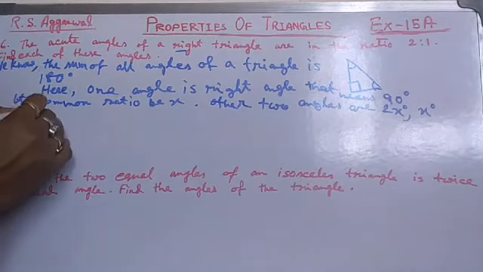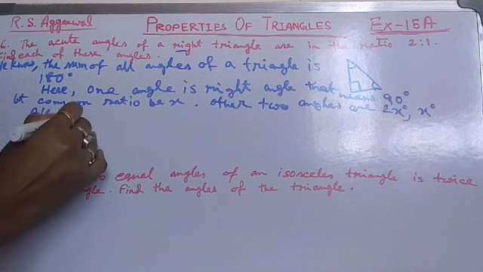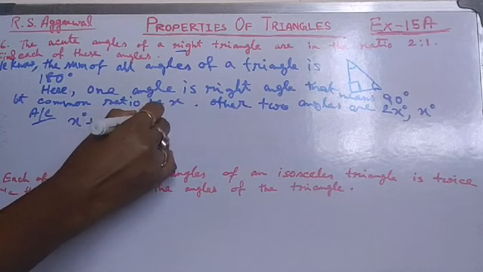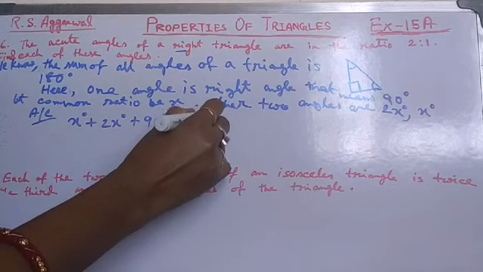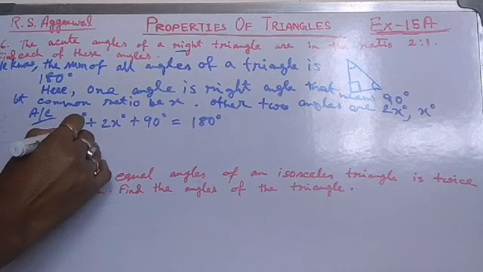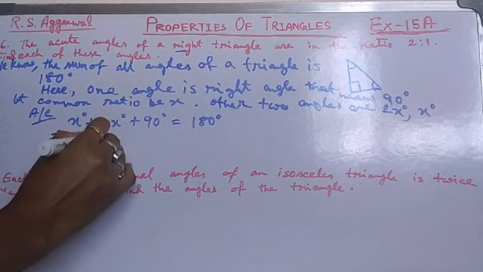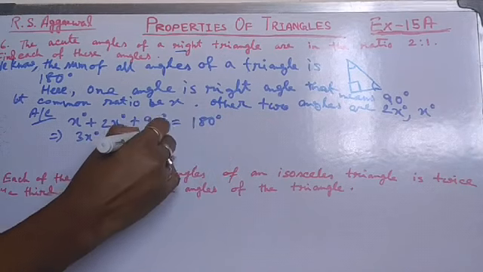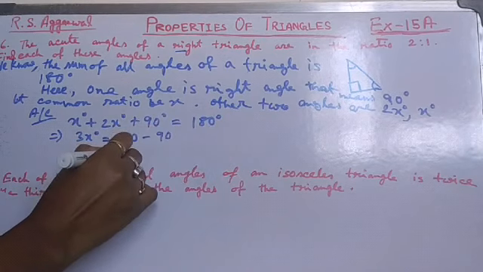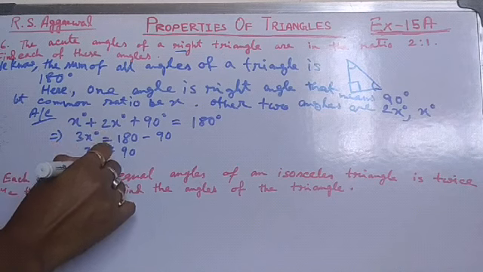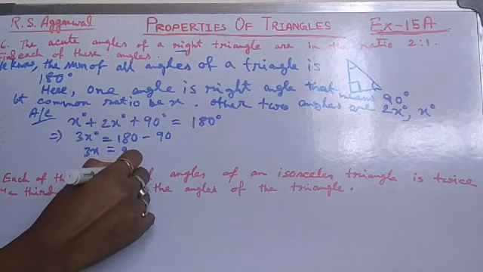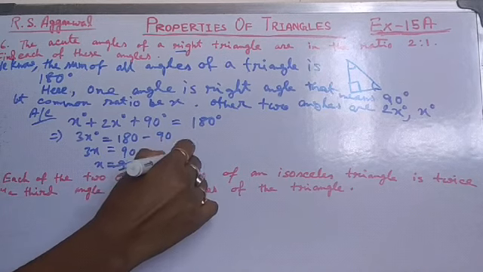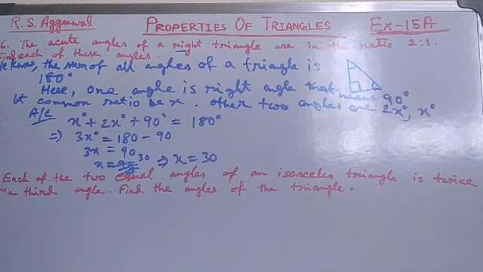So according to the condition, x degree plus 2x degree plus 90 degree equal to 180 degree. So now 3x degree equal to 180, that 90 will be deducted from 180. That means 90 degree. So x equal to 90 divided by 3. That means 30 degree. So x equal to 30.